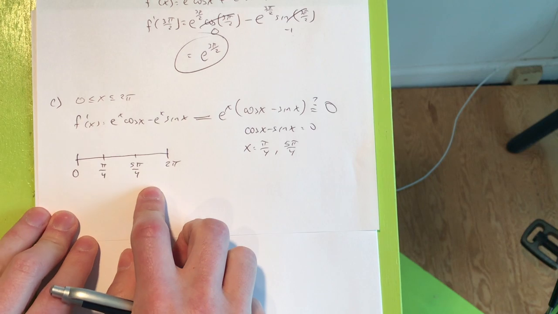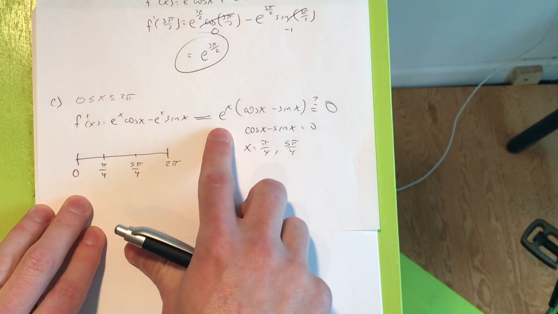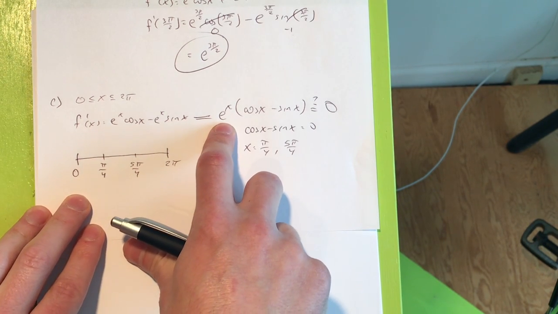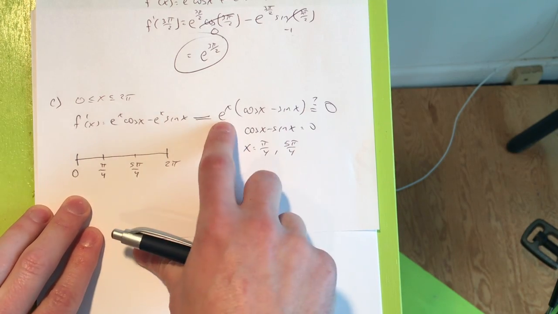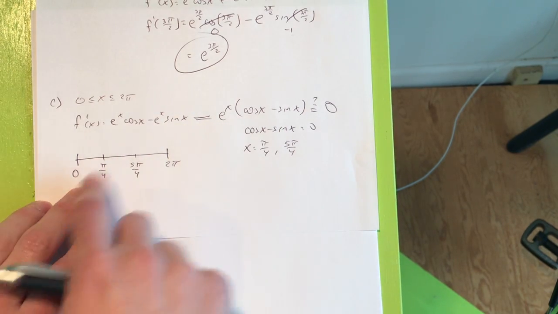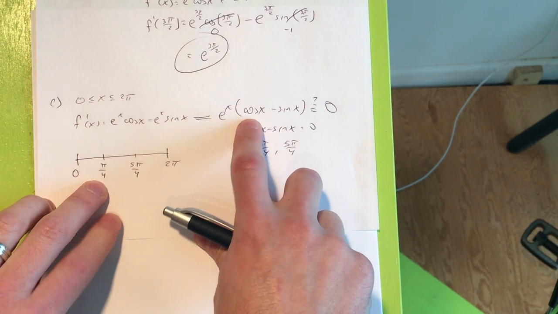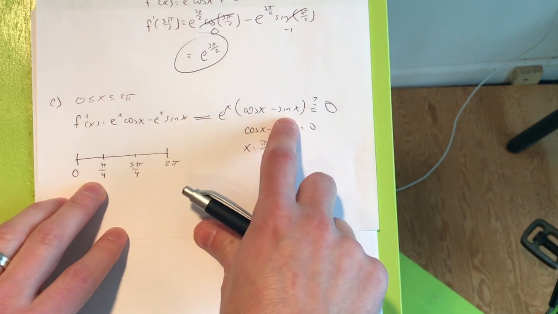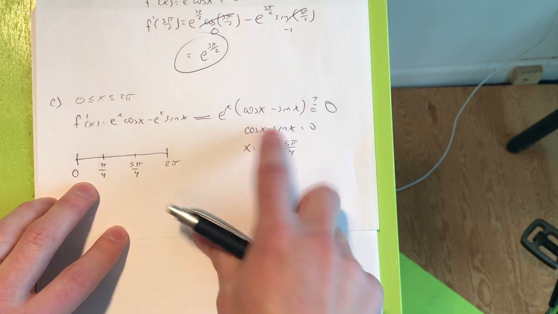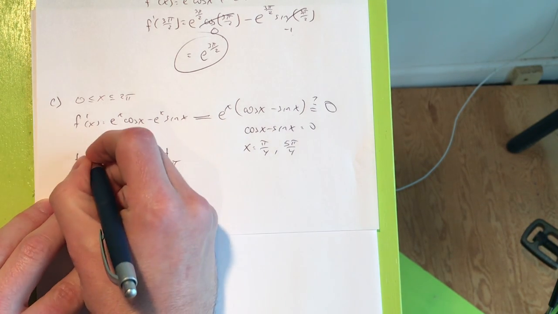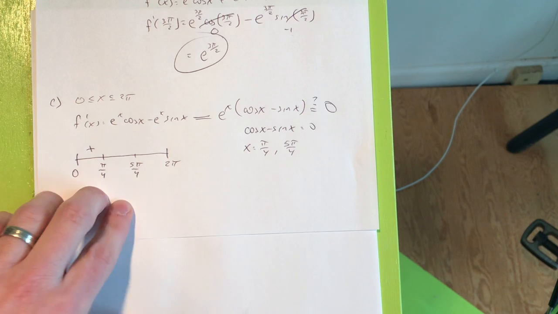I'm going to substitute these values, or if we go into the sign chart, e to the x is always positive. So that's positive, I don't care. If I pick anything in between 0 and pi over 4, cosine is greater than sine. Thinking about the unit circle, cosine is greater than sine from 0 to pi over 4. So anything in there is positive.